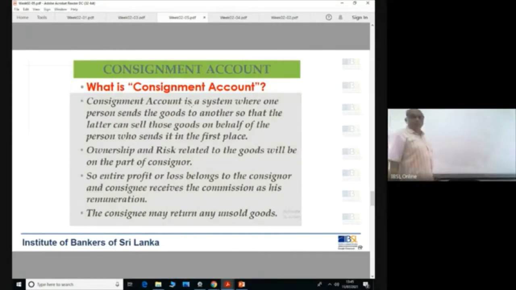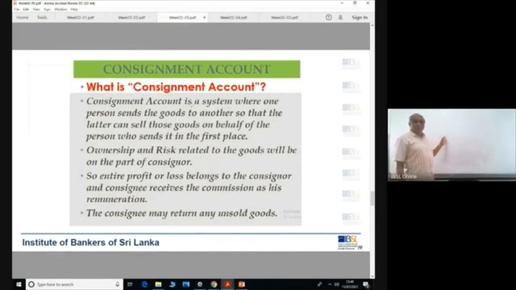So, if there are any unsold goods, what's going to happen? Consignee may return any unsold goods along with the proceeds of sold goods. Here, the consignee will not get the profit or anything.